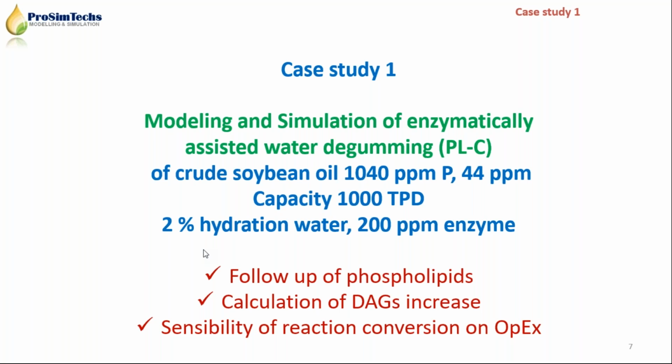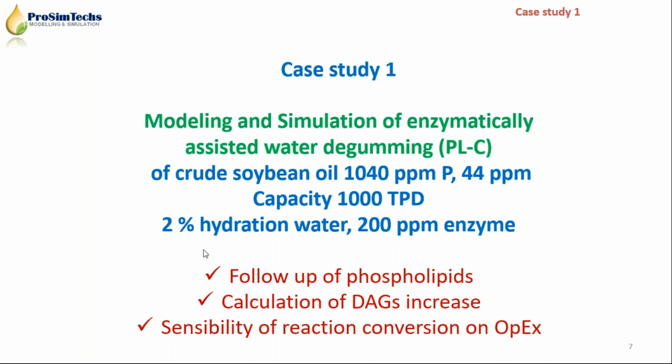So for this case, my idea is to evaluate and to calculate with a high degree of accuracy the oil losses related to the phospholipid profile found in the crude soybean oil.